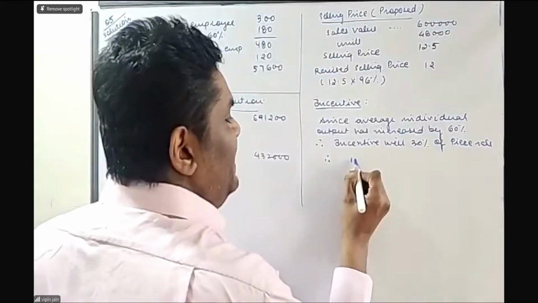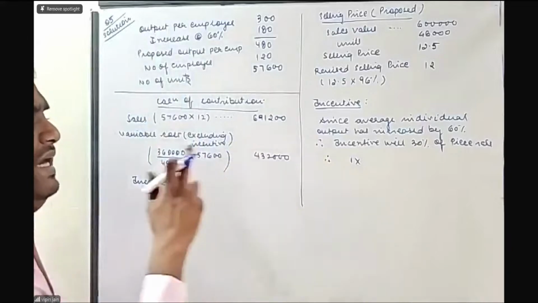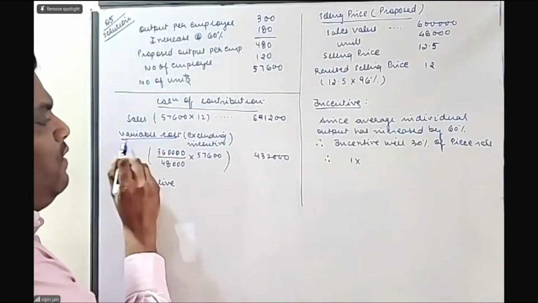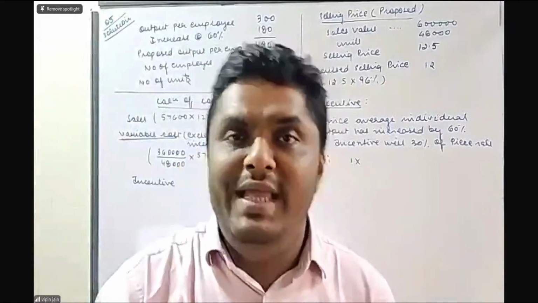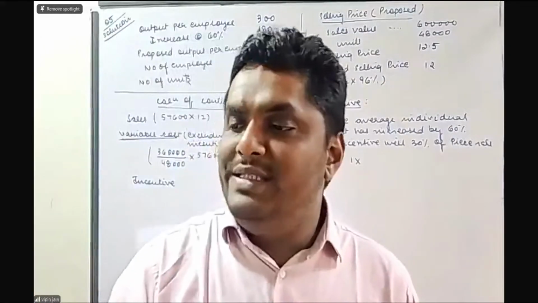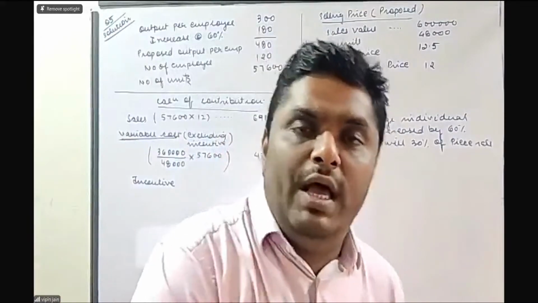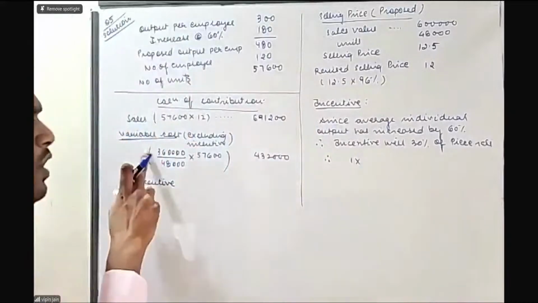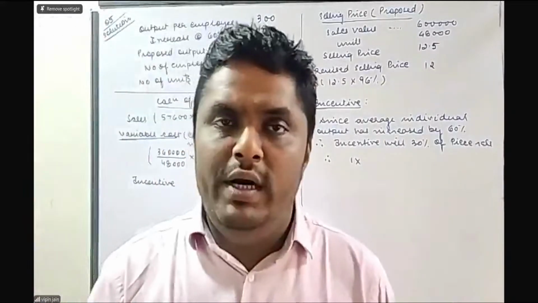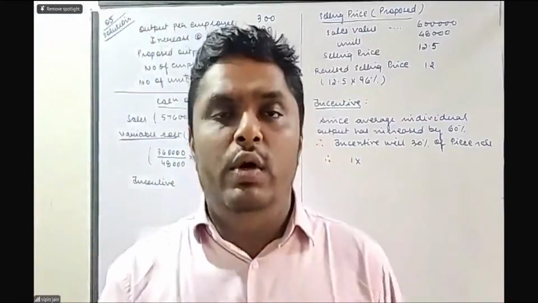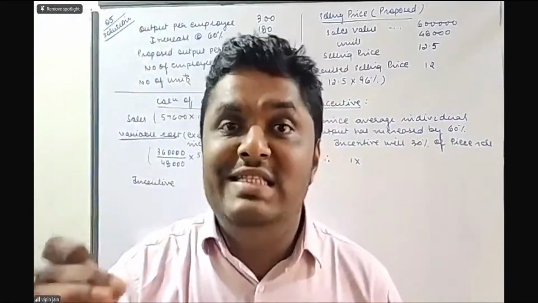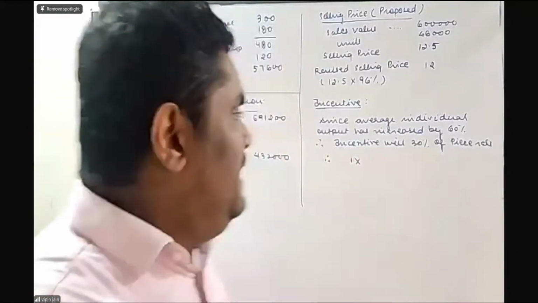Therefore, my piece rate is 1. See, this piece rate, that is 1 rupee per article, is already included in variable cost. Because in 3,60,000 also, very important, the piece rate is included. Therefore, in 4,32,000 also, the piece rate is included. But very important, the incentive we need to consider separately.